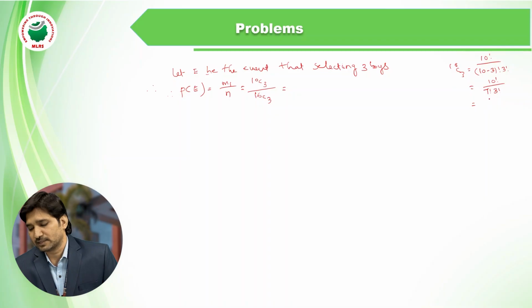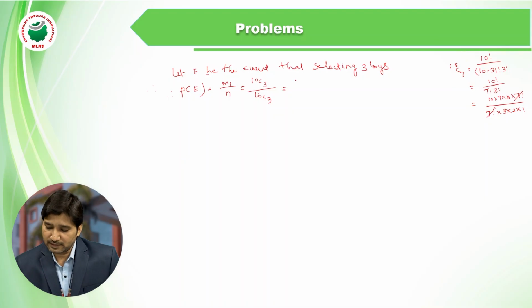We can simplify this: 10 into 9 into 8 into 7 factorial divided by 7 factorial into 3 into 2 into 1. The 7 factorial cancels. So we can write 10 into 9 into 8 divided by 3 into 2.